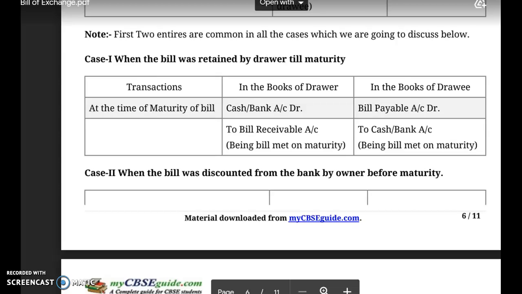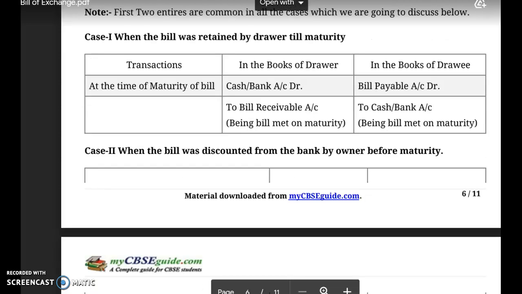In the books of drawee, as he gets back his bill, he will debit the bills payable account and credit the cash or bank account, as the case may be, because cash or bank balance is outflowing from him. So this is case one, when the bill was retained by the drawer till the due date.